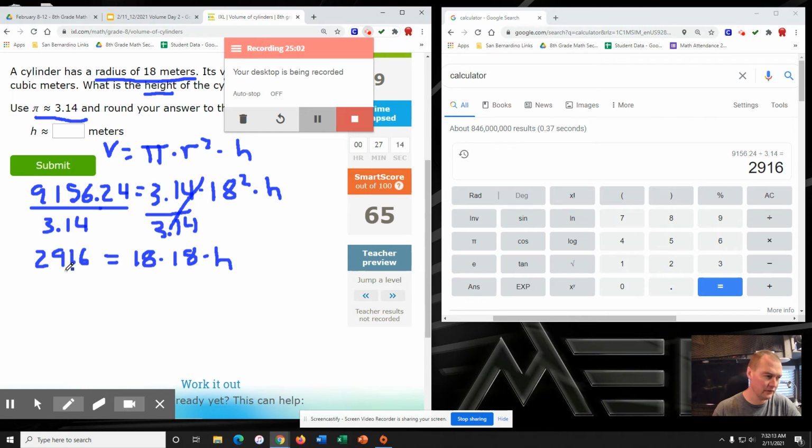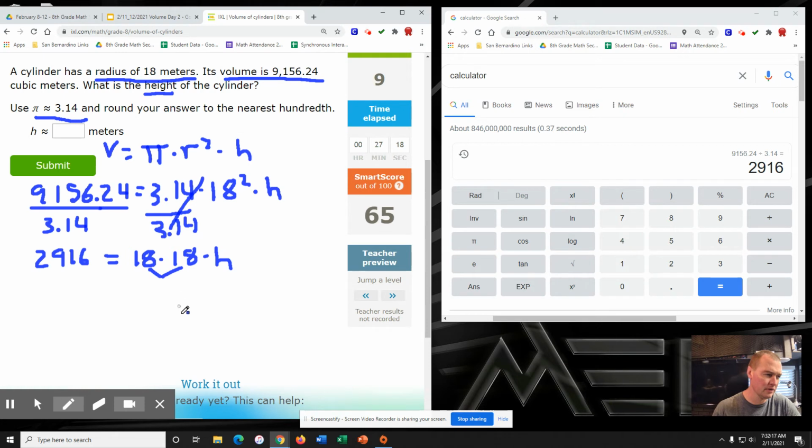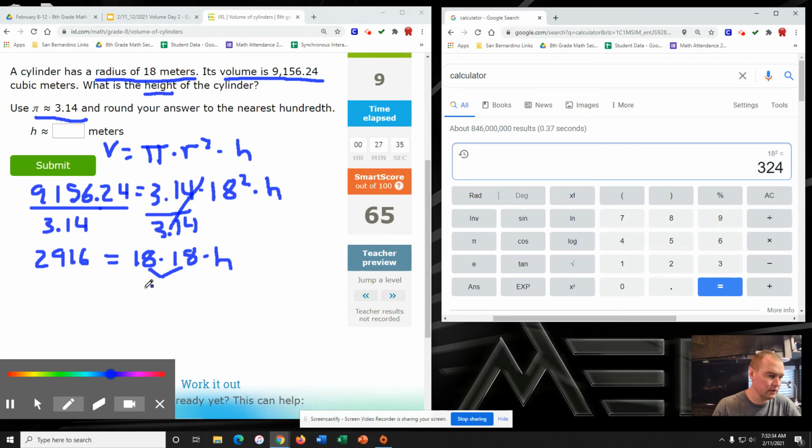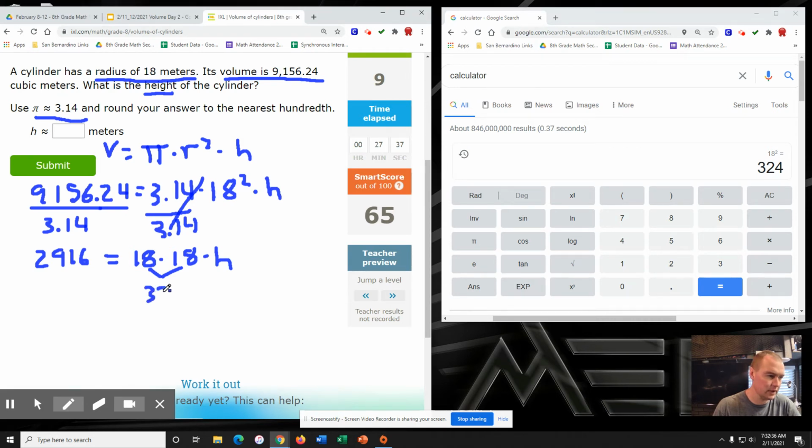You can take 18, divide, and divide 18 again. But what I want to do is just do 18 times 18, then divide it. By the way, if you're looking for the second power, you see where it says x to the y right here? It creates a little box. It's a 2. That's 18 to the second power. Okay. So 18 times 18 is 324.